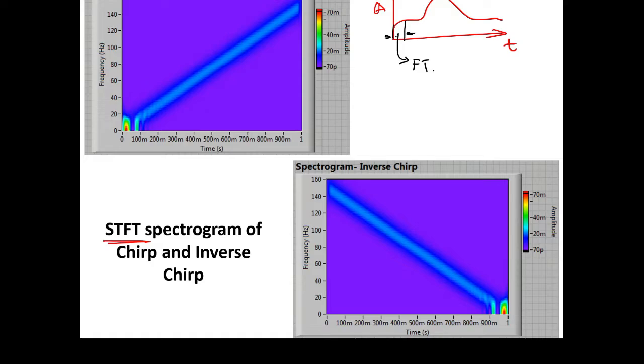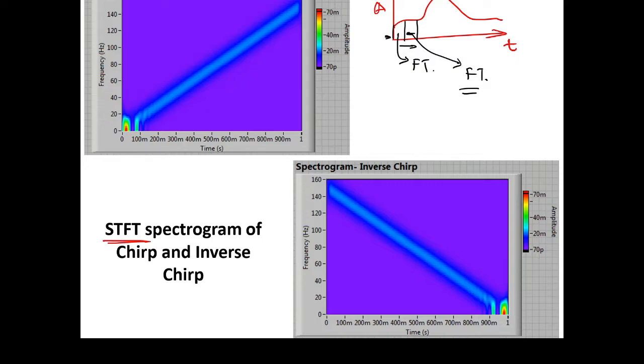Then I shift this window to the next level. Again there would be a 10-second window, and again we perform the Fourier transform. In this way you can localize the frequency components and analyze what is happening with the signal.